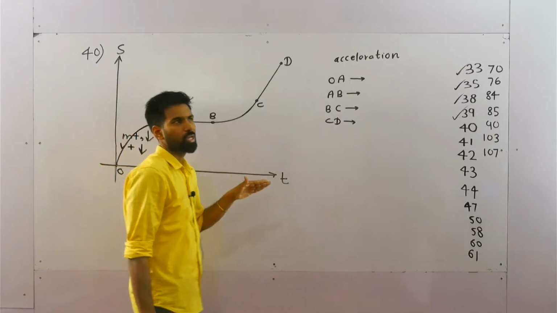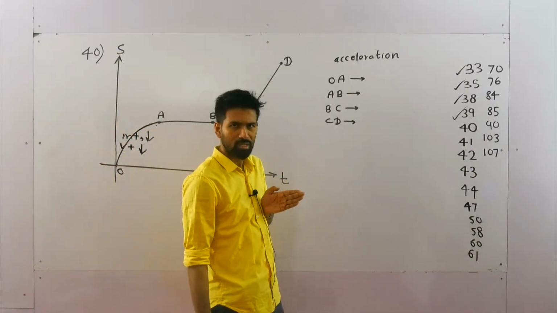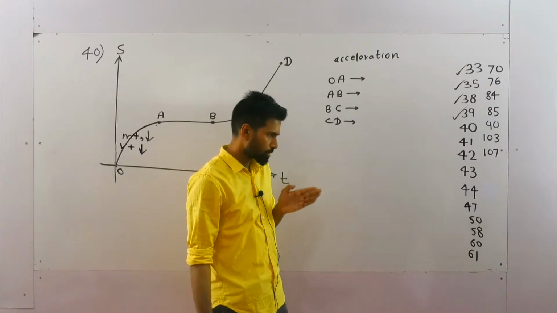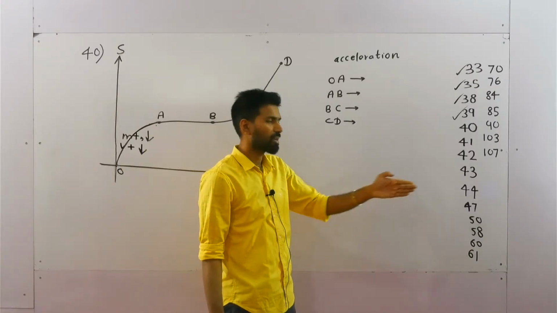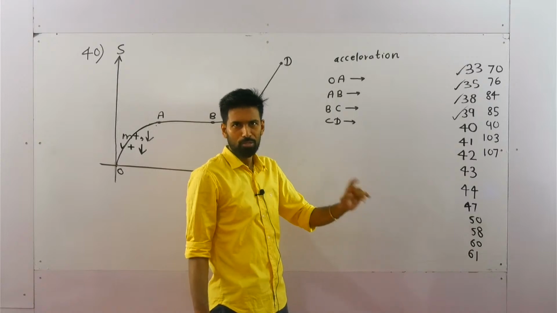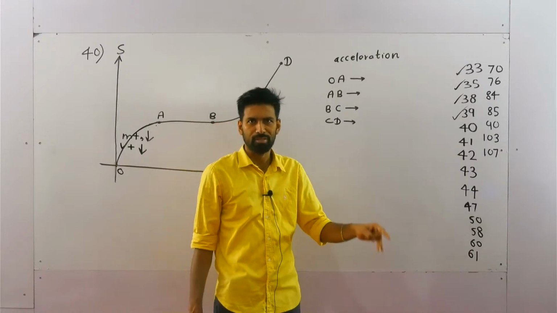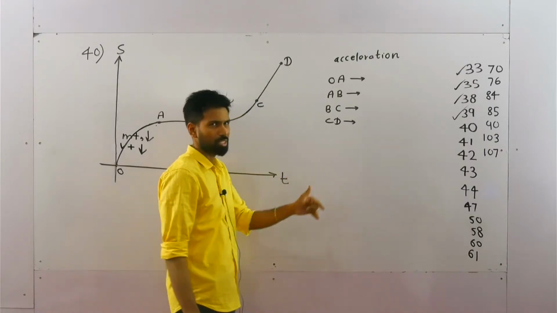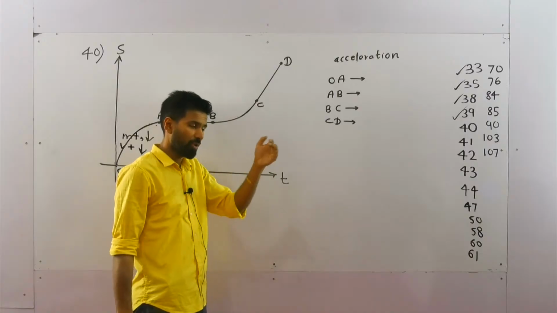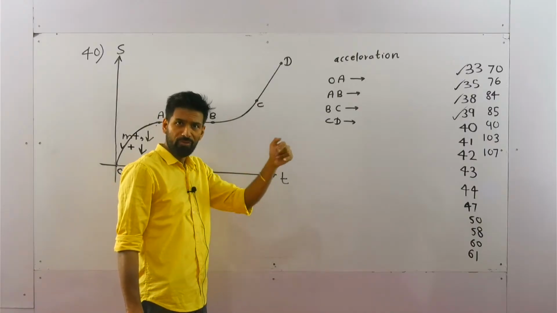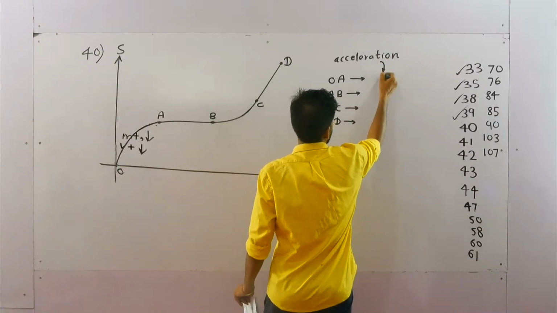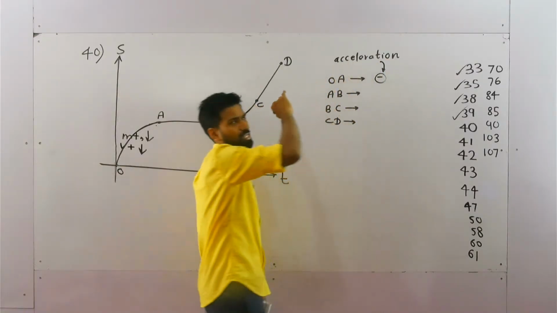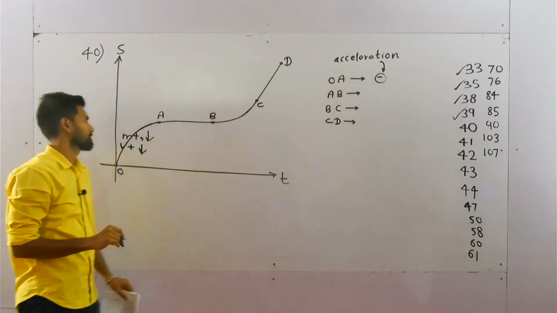In sign convention, if the displacement is considered positive in a certain direction, the velocity towards that direction is also positive. The gradient positive means velocity positive, decreasing. If the velocity is decreasing, acceleration is minus.